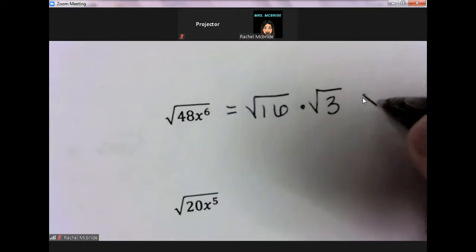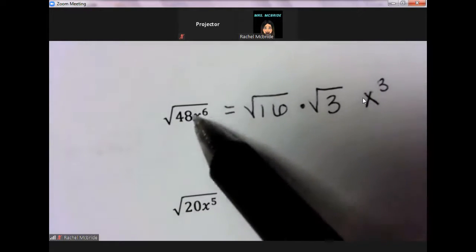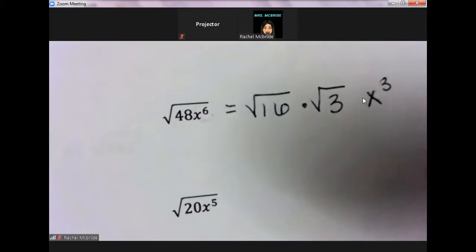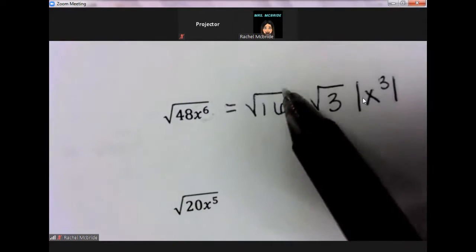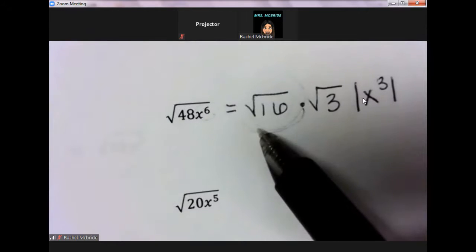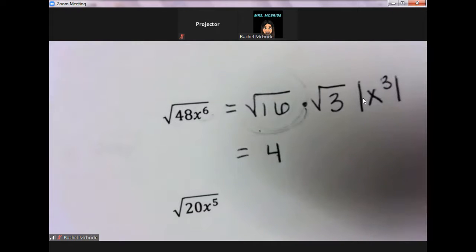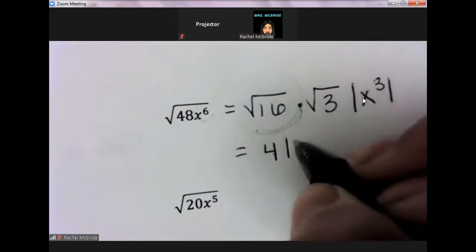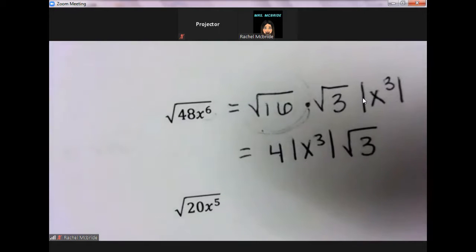So you get x cubed. But this was even, that is odd. Therefore, my variable needs absolute values. The square root of 16 is a perfect square, which becomes 4. So we get 4, absolute value of x cubed, times the square root of 3.